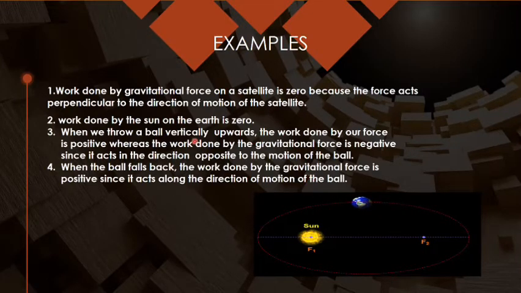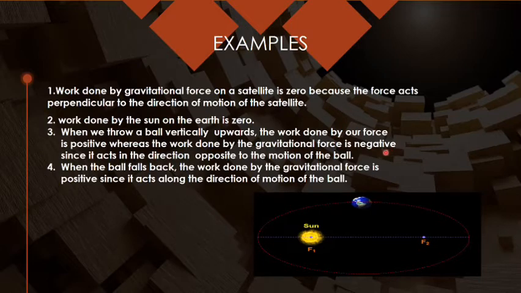If you are throwing a ball vertically, work done by your force is positive because the ball is moving vertically up, both in the same direction. So work done is positive. But if you take the work done by the gravitational force, which is acting in the downward direction, then work done by the gravitational force is negative.